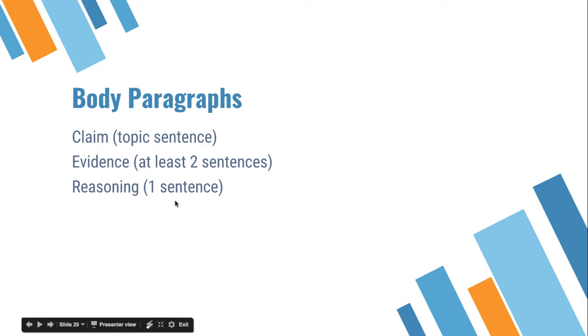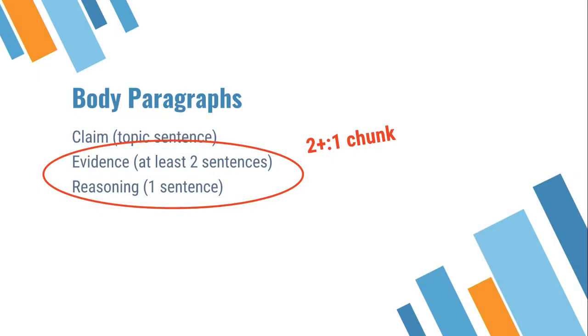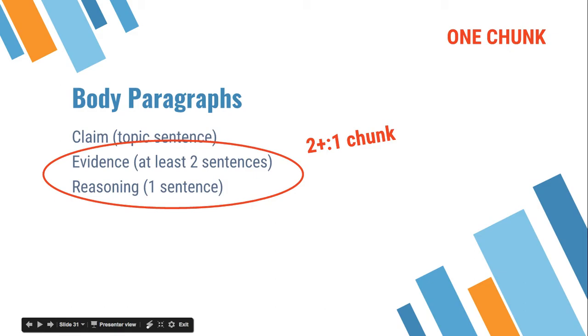And our reasoning would be 1 sentence explaining how our evidence connects to our claim. We can call this combination of evidence and reasoning a 2 plus to 1 chunk. We call it a 2 plus because it means at least 2 sentences of evidence to 1 sentence of reasoning chunk. This would be called a 1 chunk paragraph.